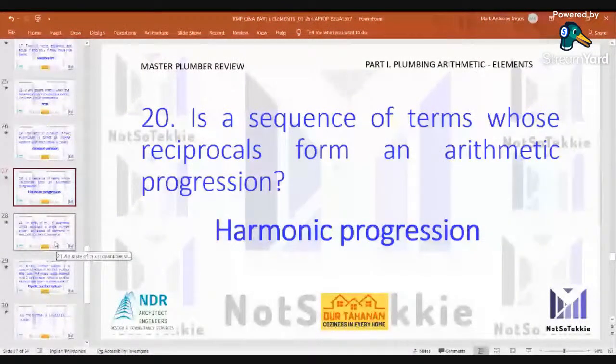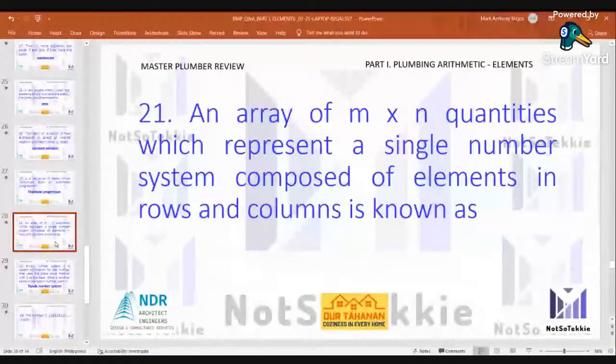21. An array of m by n quantities, which represent a single number system composed of elements in rows and columns, is known as what?